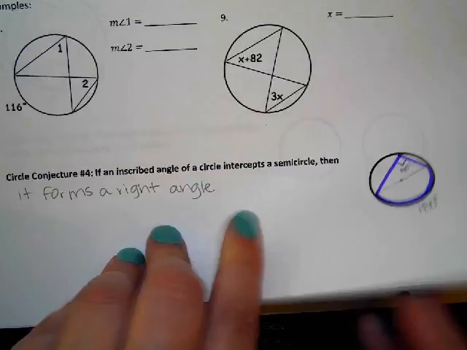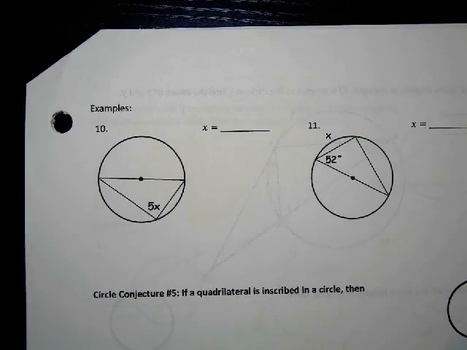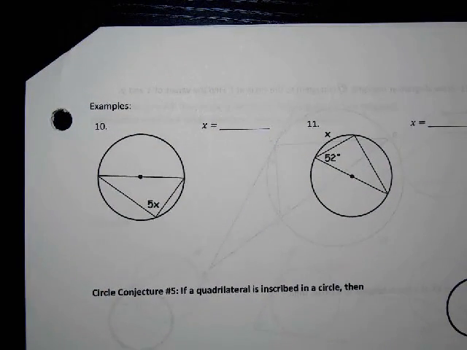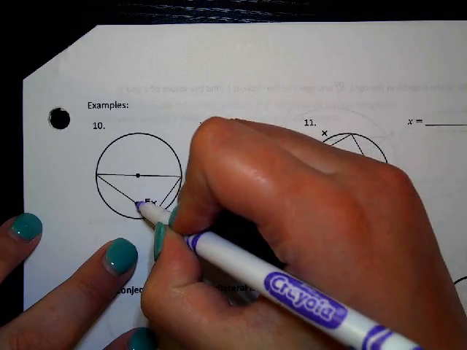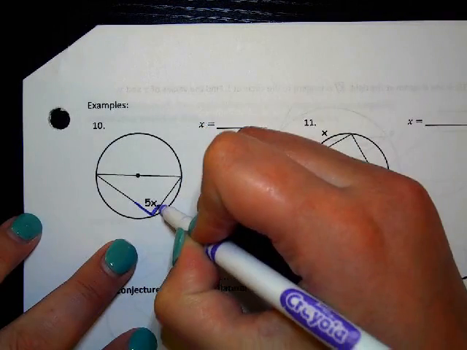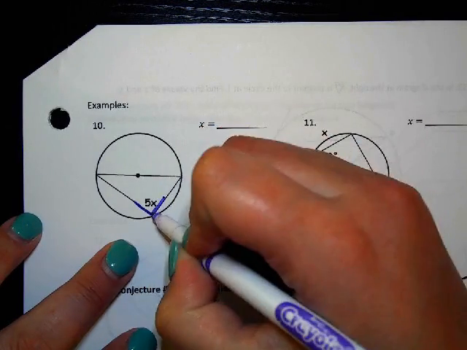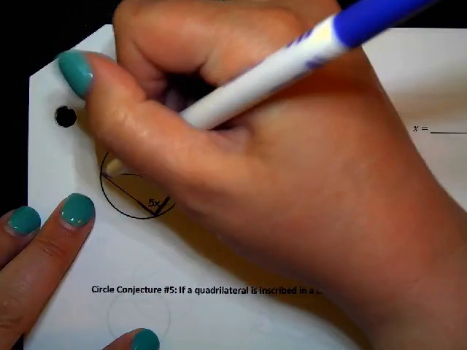Let's do some examples. So here, we want to solve for x in the first one, so anytime I know what I'm solving for, I always like to use that part and just trace it with my marker. As I trace it out, there's the angle that we're talking about.